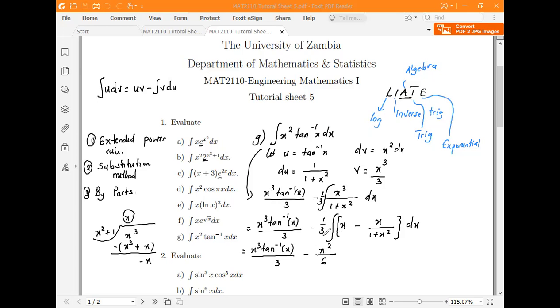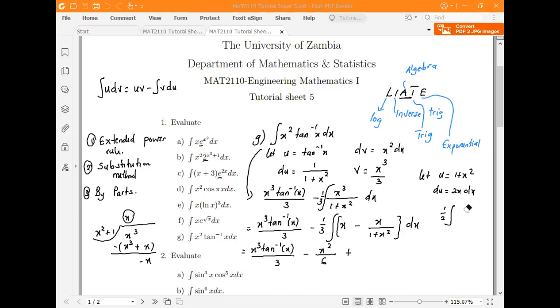Okay, and then minus minus, that becomes plus. How do we integrate x over 1 plus x²? Use substitution. Let u be the denominator, 1 plus x². And we arrive at du is going to be 2x dx. So this integral is sitting like this. I'm going to put the 1 over 2 outside. Now it's sitting as x dx, which is our du.